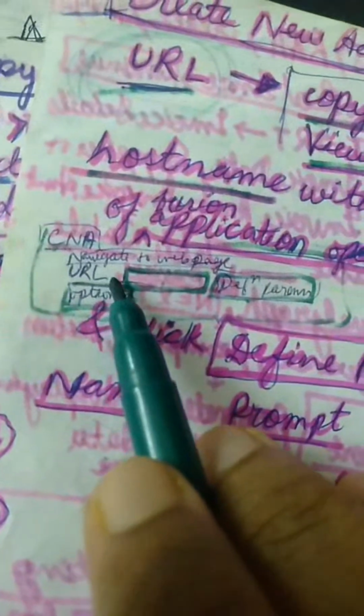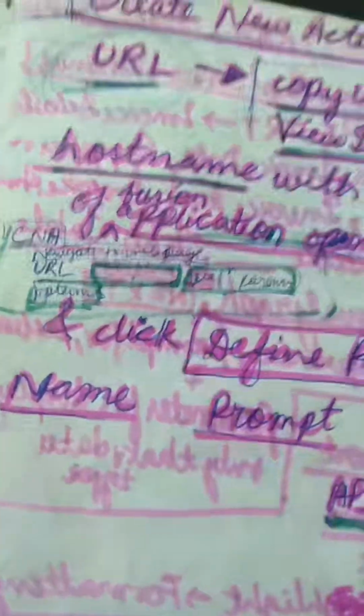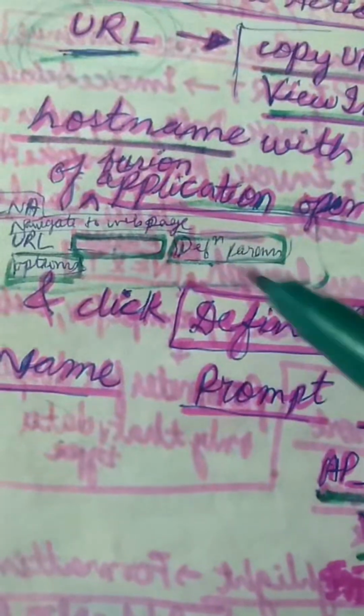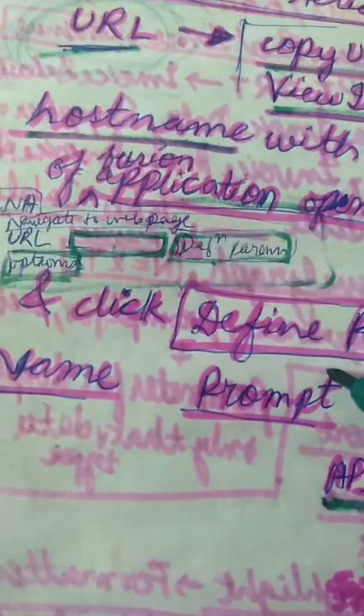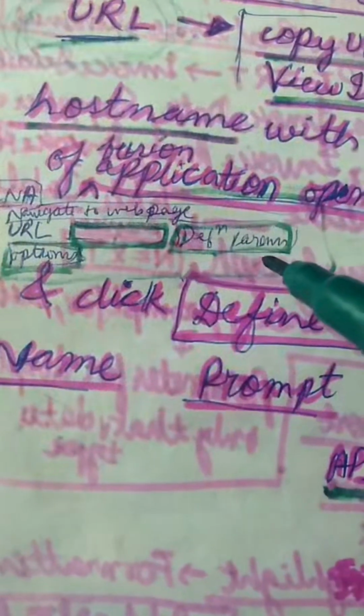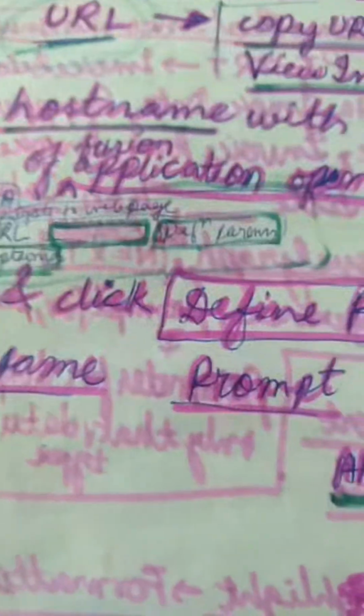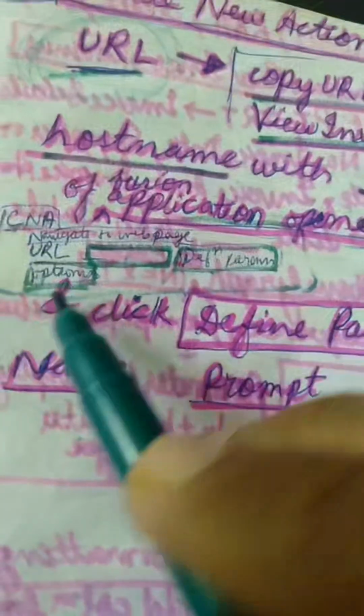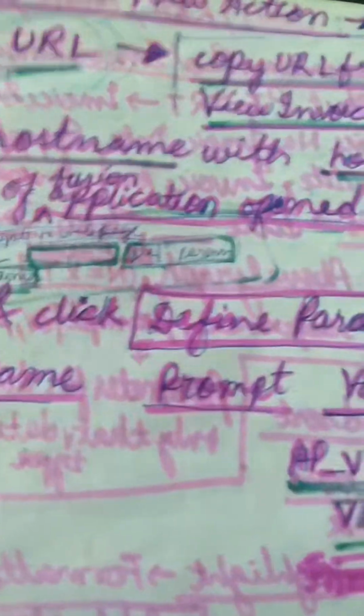It opened a window asking first of all for the URL, that is, which application web page I need to open. Then it had some defined parameters, which I've given according to the offering and the different actions I want to take. And the third one was options, right? So here also options was for opening in a new window.